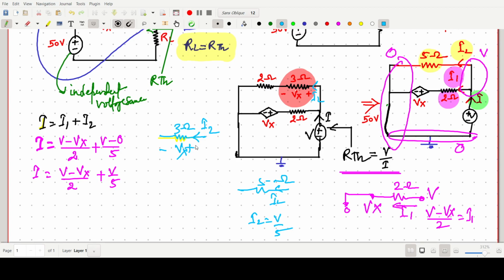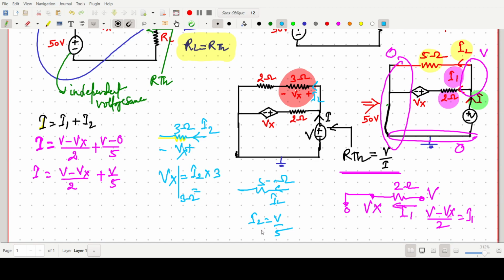So now the voltage Vx, the voltage across this 3 ohm resistance, equals I2 into R, that is 3.